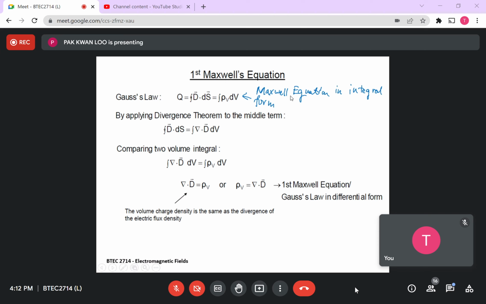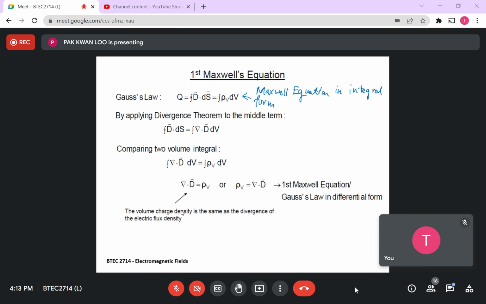So the Gauss law, the first one that has been exposed to you, is the first integral form. So we have the Maxwell equation in integral form, and I've explained using the divergence definition, from a divergence definition by using a point charge example, and here leads to the differential form of Maxwell equation.